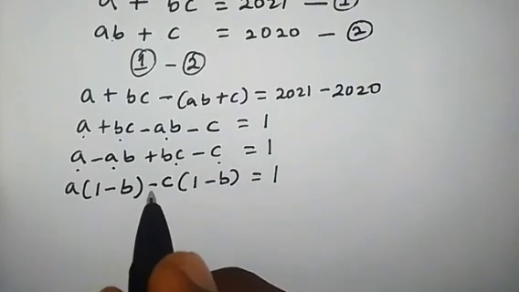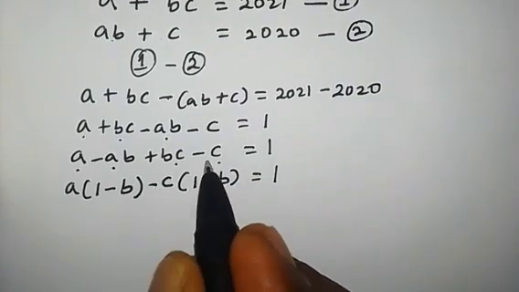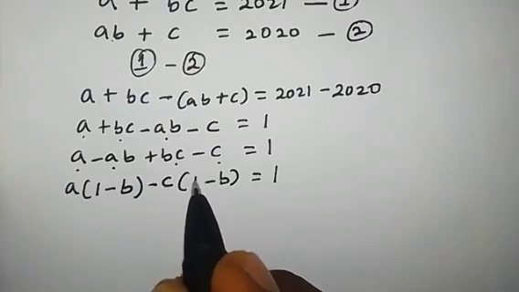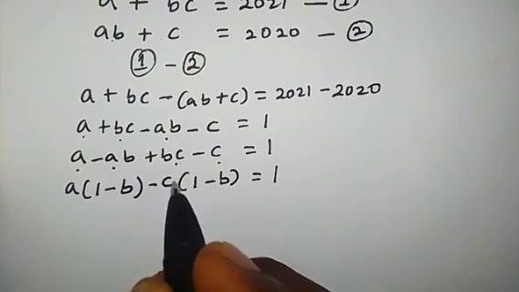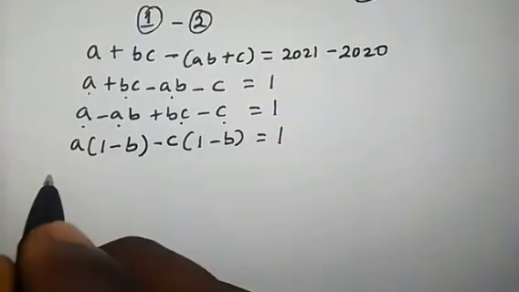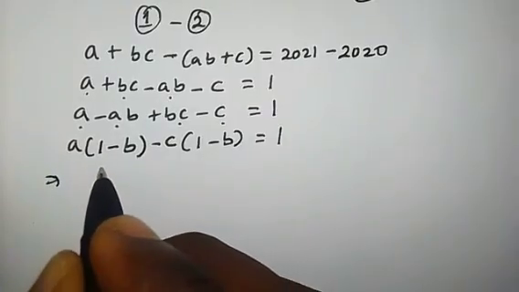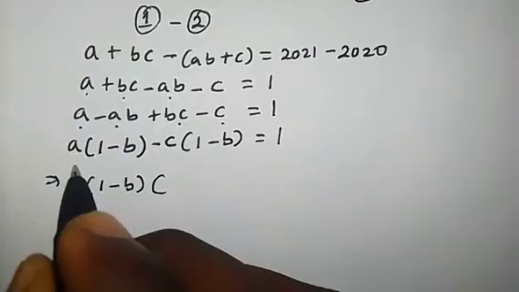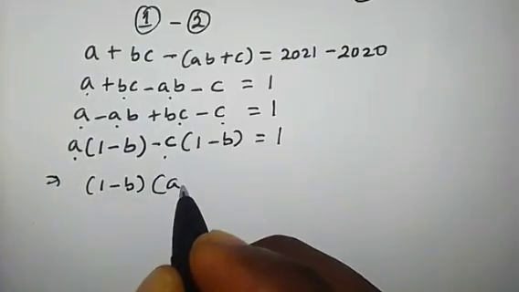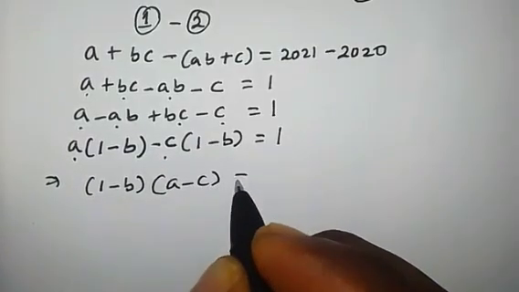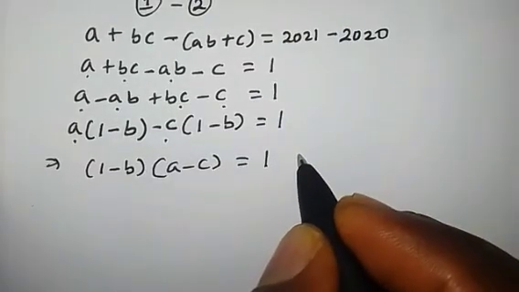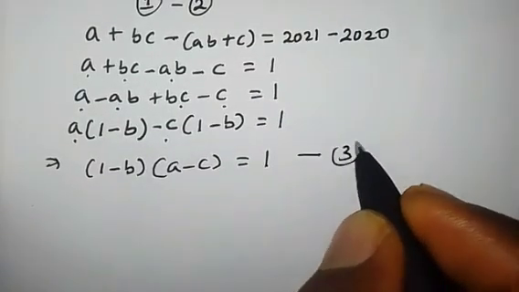That is -C times 1 gives -C, and -C times -B gives plus BC. Let's proceed further. This means that we have (1 - B)(A - C) = 1. Let us call this equation 3.